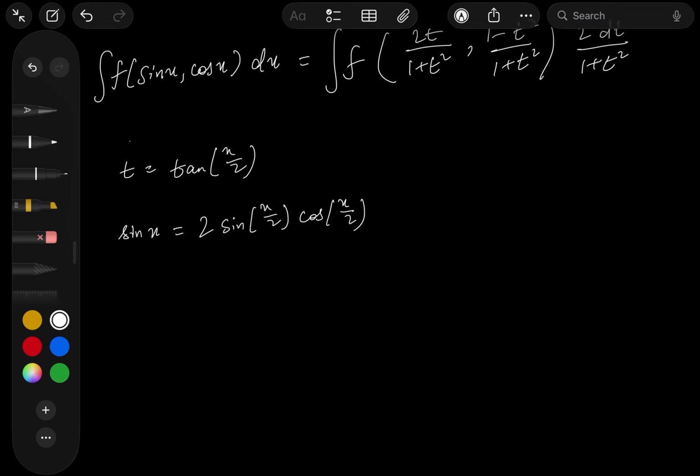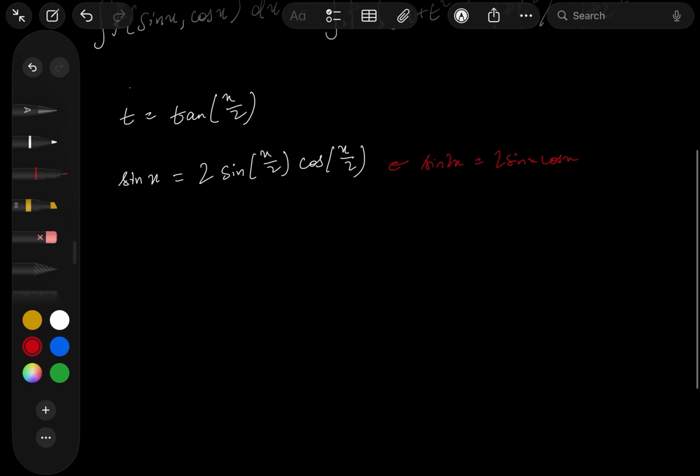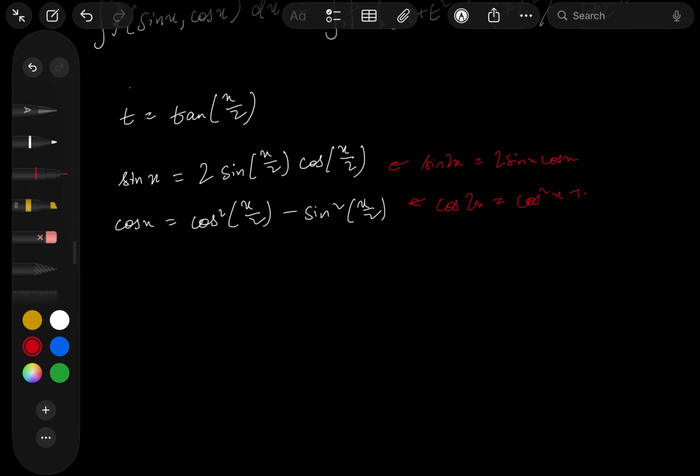That's because we have this trigonometric identity, sine 2x is equal to 2 sine x cos x. And similarly, we know that cos x is equal to cos square x by 2 minus sine square x by 2. And we know this for a similar reason, cos 2x is equal to cos square x minus sine square x.